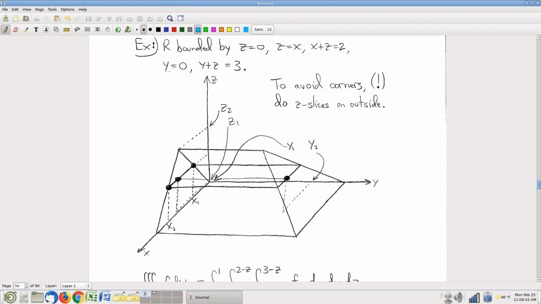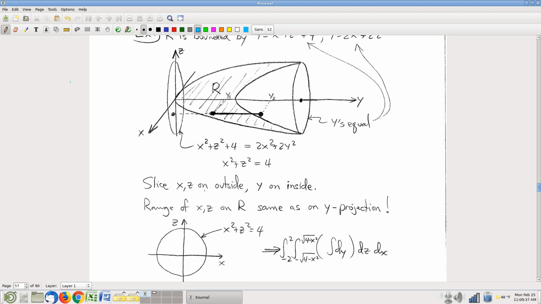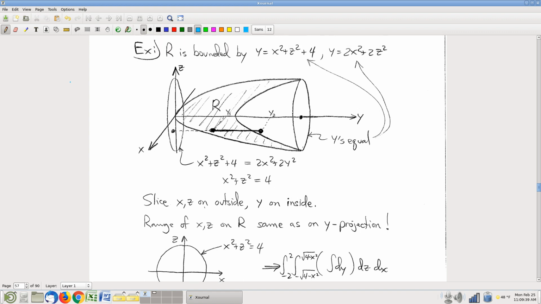Let's see here. I have 30 seconds left. Gosh. Okay, one last example. Maybe I'm going to let y'all read this example. Let me just point to what the big trick on this example is. The big trick is to look at the projection. Our solid here is really hard to get a picture of. It's stuck in between two separate paraboloids, and it's really ugly to look at until you project over here to the XZ plane, where it's just a circle.